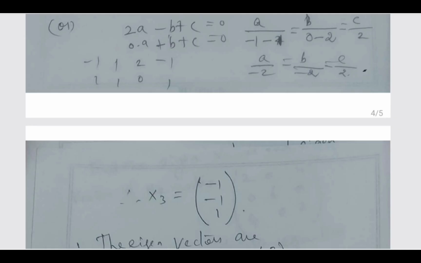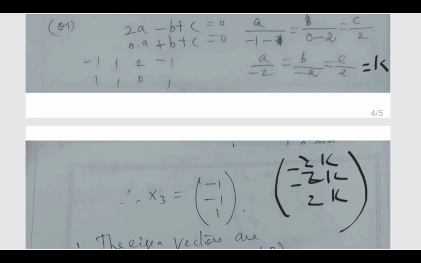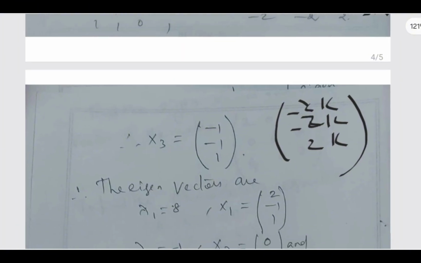Actually, this is equal to K. So we get minus 2K, minus 2K and 2K. We substitute the minimum value of K equal to 1 by 2. Therefore you will get minus 1, minus 1, 1. This is the third eigenvector.